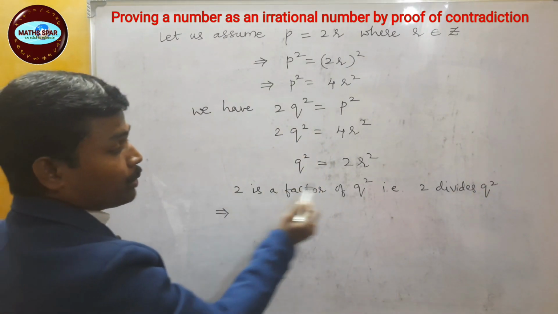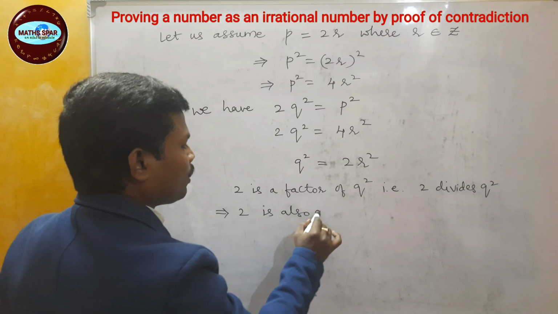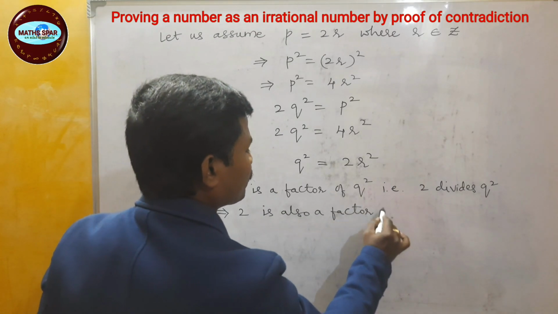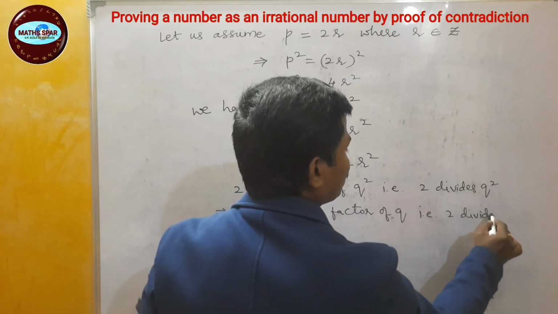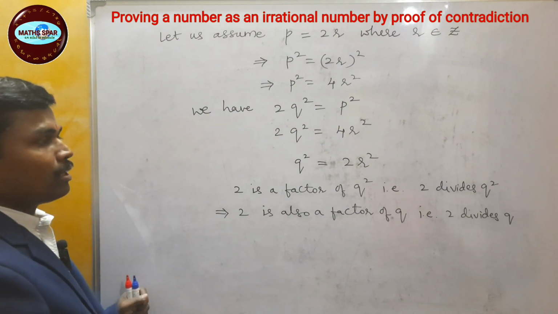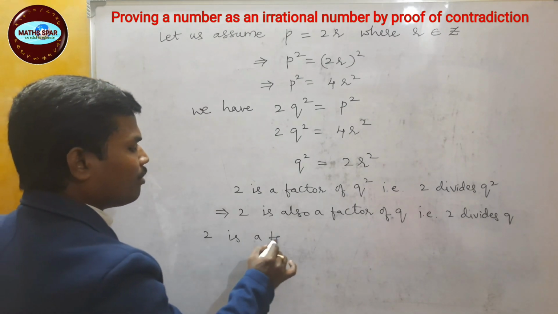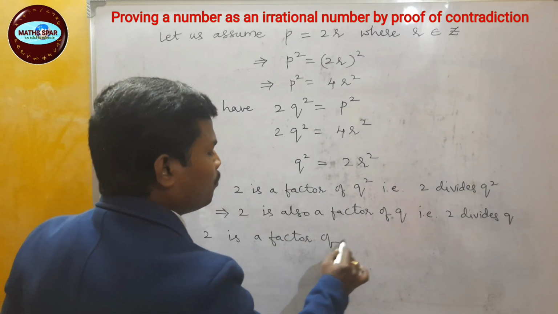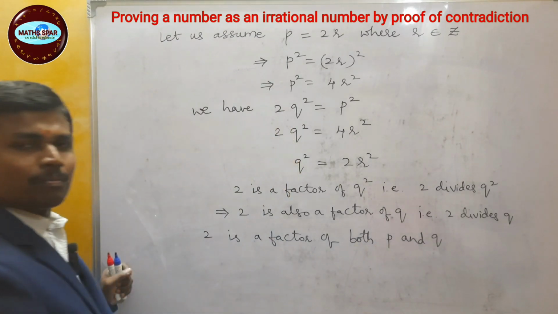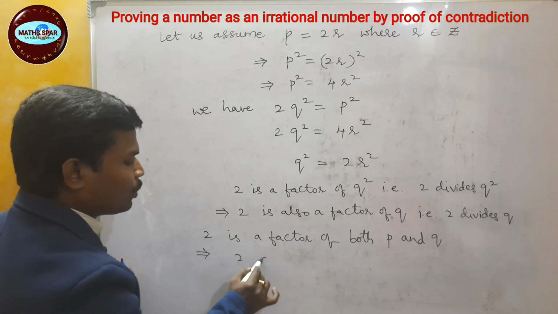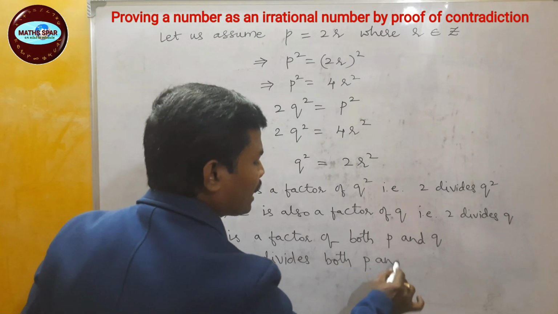So when 2 is a factor of q square, obviously 2 is also a factor of q, that is, 2 divides q, which indicates that 2 is a factor of both p and q, that is, 2 divides both p and q.